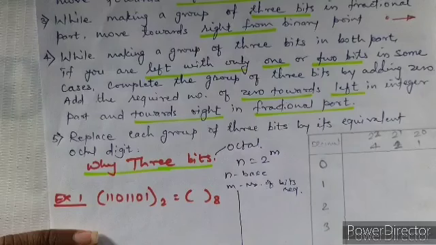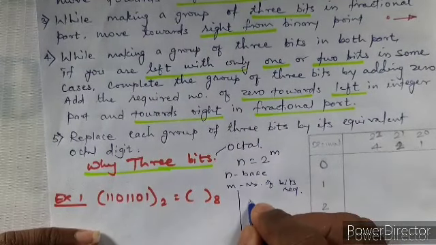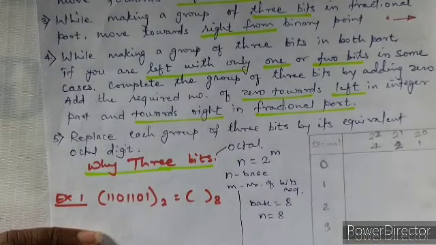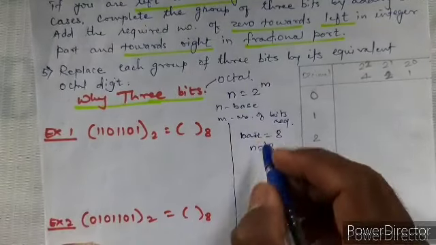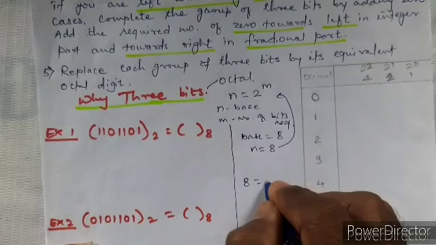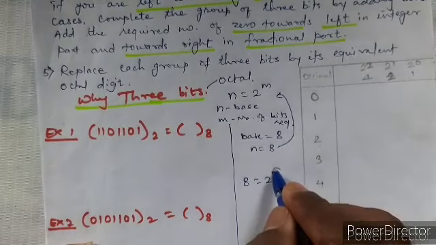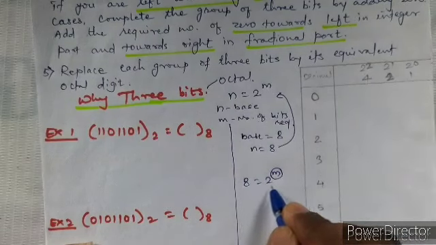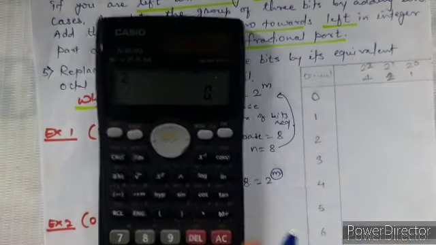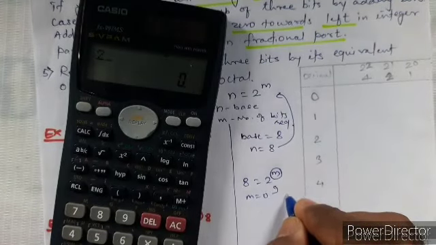Now what is the base of octal? Base of octal is 8, so n equals 8. So if you put this in this equation, it becomes 8 equal to 2 raised to m. Now we have to see what should be the value of m so that it satisfies this equation. Okay, so 2 raised to 0 is 1, right? So if m equals 0, does it satisfy this equation? No.